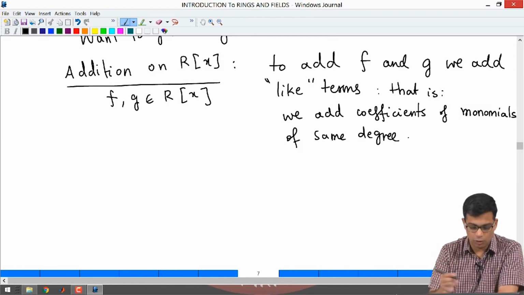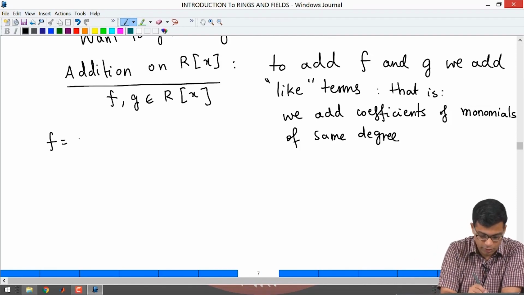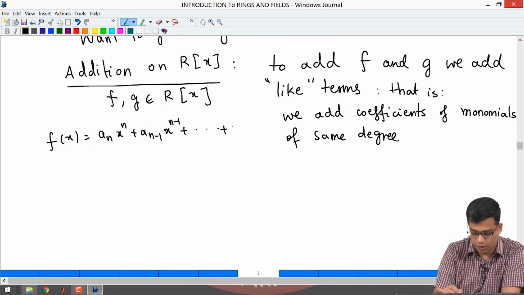I do not know if I mentioned this, but if you have a polynomial something like a_n x^n plus a_(n-1) x^(n-1), this is a polynomial meaning a lot of terms.